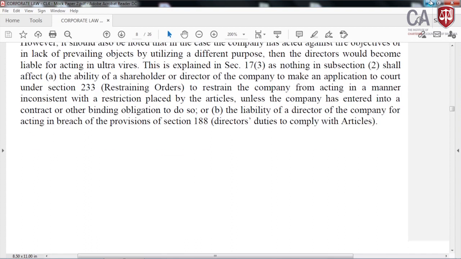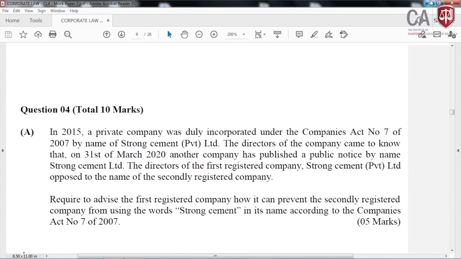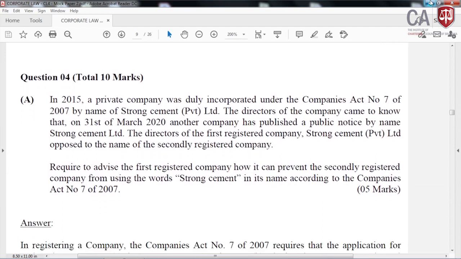So, this is how you need to give a proper and comprehensive answer to the question. This would, I am sure, give you the total of 5 marks that the question has set out. Now, let us go to question number 4.